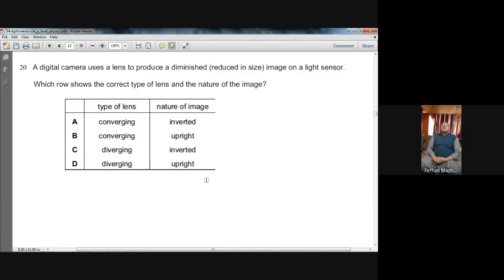The image will be inverted. So A looks like the right answer. The type of lens is converging, and the nature of the image is inverted.